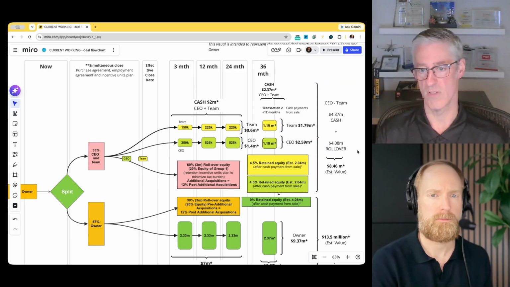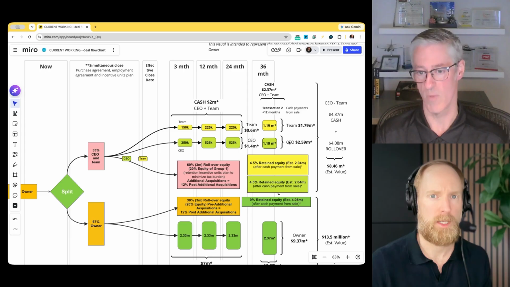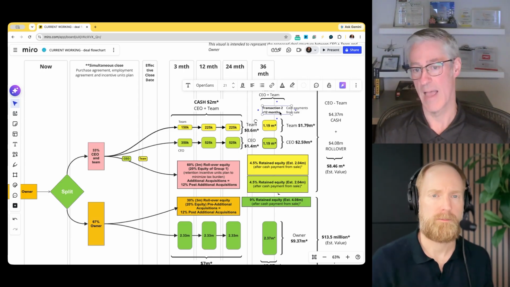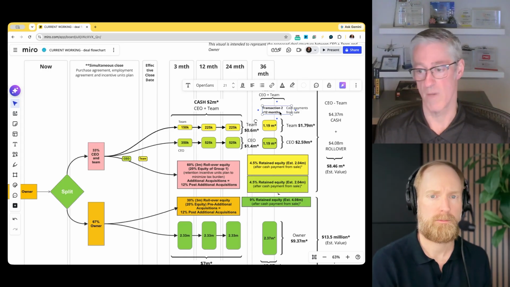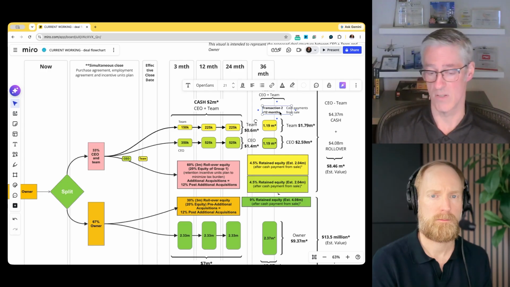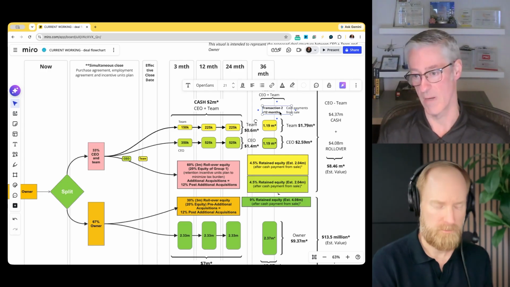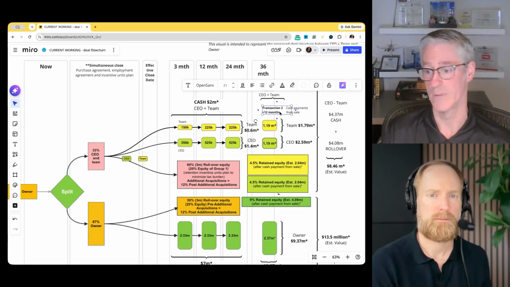If we look under the 36-month bucket, right under the CEO team, it's transaction 2 plus 12 months is when they could get their payouts, right? That's when they began. And as such, it was a way for us to communicate to a future buyer of this asset that they had a management team who was locked in and incentivized to ensure that they were maximizing equity value after we sold the company, not just while we were preparing it for sale.